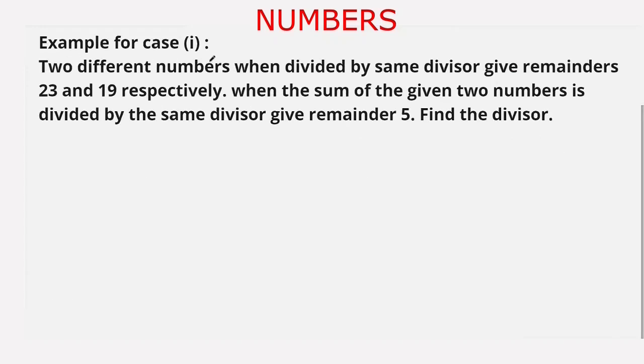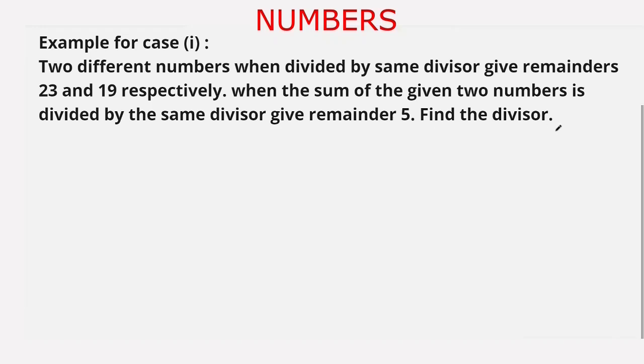Example for case 1. Two different numbers when divided by the same divisor give remainders 23 and 19 respectively. When the sum of the given two numbers is divided by the same divisor, it gives remainder 5.